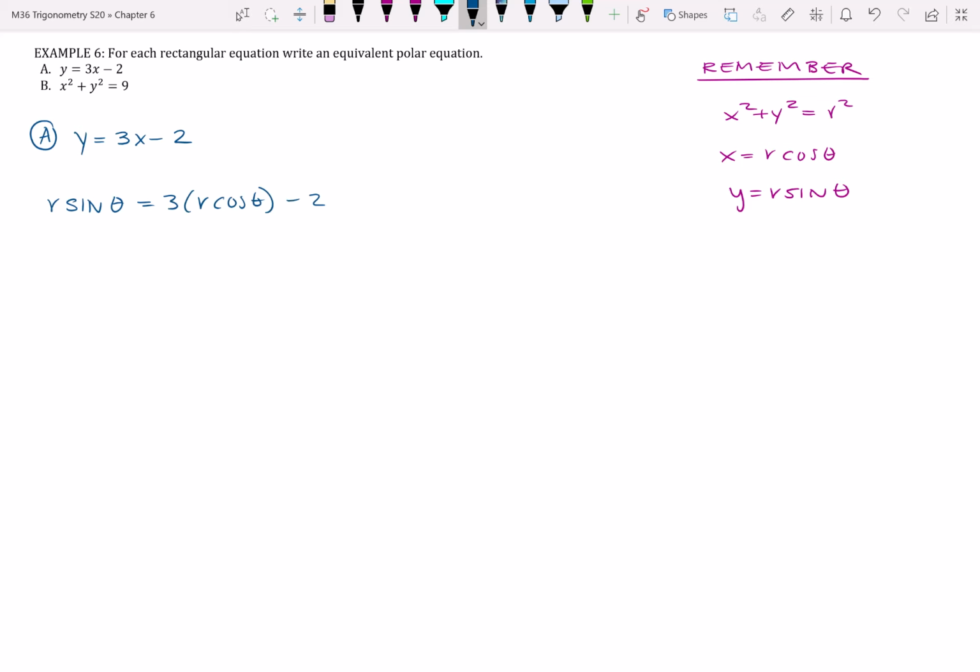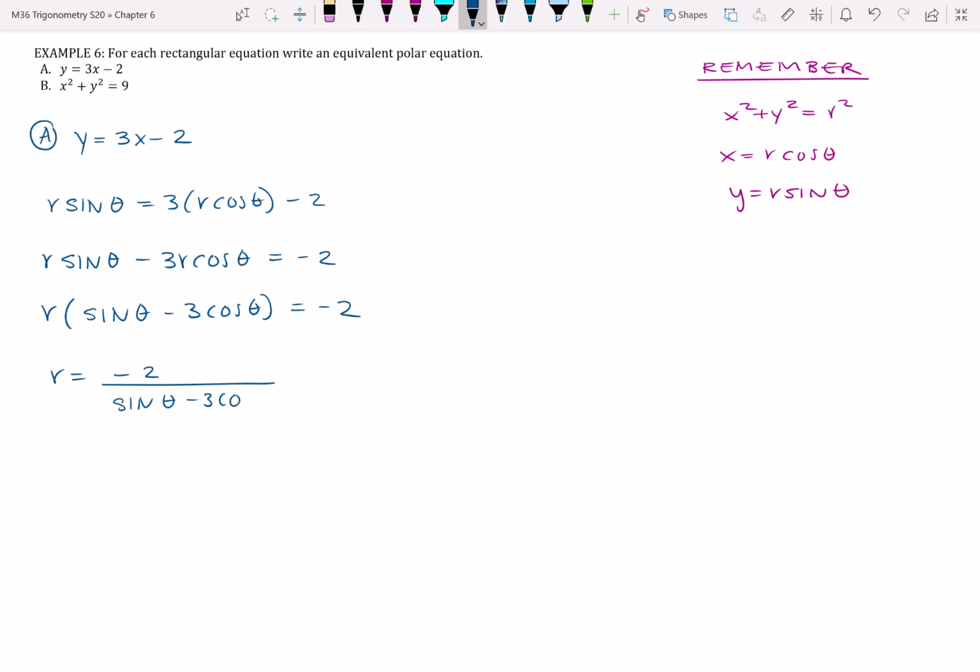So I'm going to move all the terms with r to one side, and we factor out the r. I get r times sine of theta minus 3 cosine of theta is equal to negative 2. And so r is equal to negative 2 divided by sine of theta minus 3 cosine of theta.